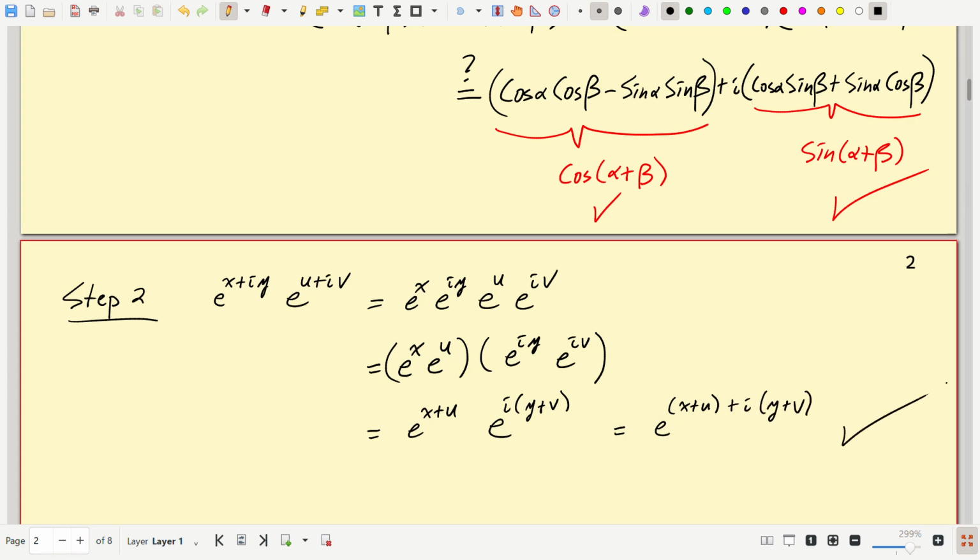So check. So showing it for the i term is just trig stuff, and showing it for the real part is just the basic real exponential. So when you put those two things together, it pops right out. Okay.